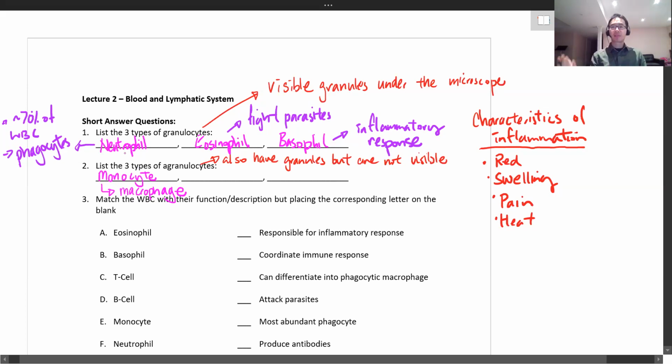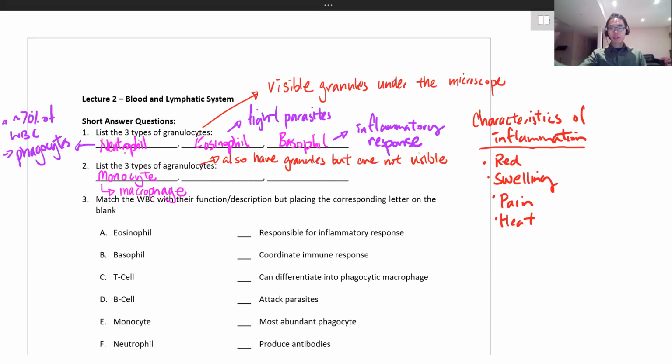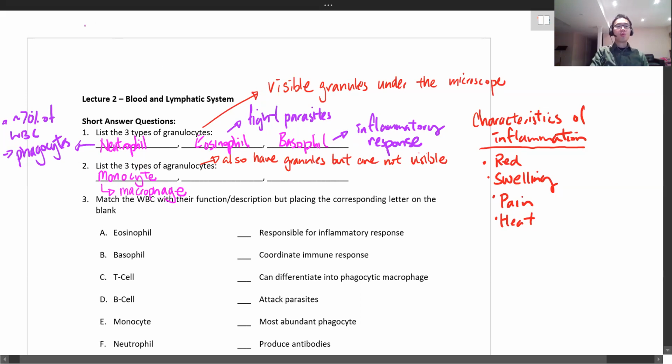Although in some parts of the body that are very susceptible to encountering foreign pathogens, like the lungs, for example, where you keep on breathing in stuff, you would have what we call resident macrophage. Okay, they just kind of live there.